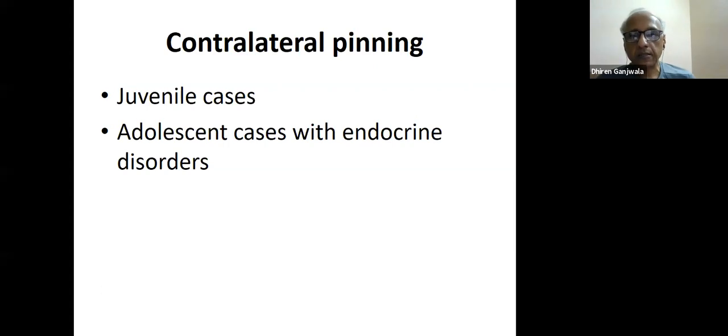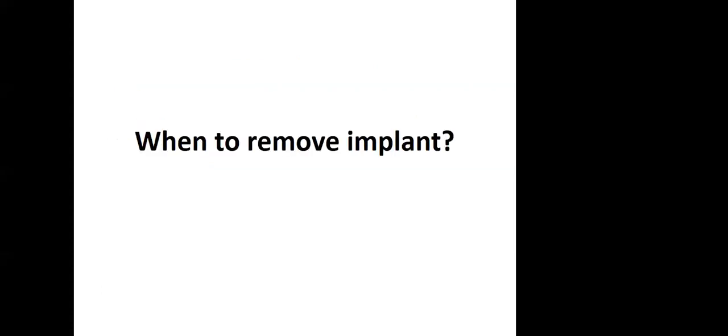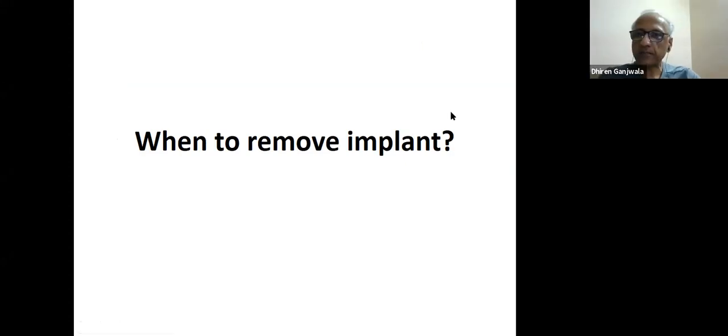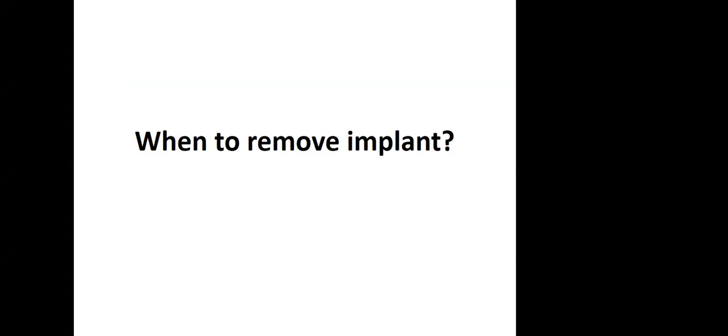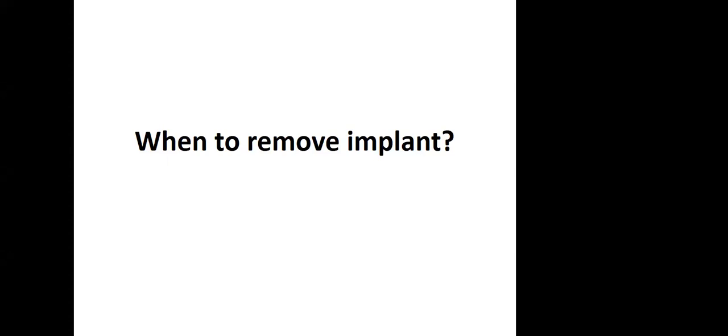The next and last question is, when to remove the implant? 6 months, 12 months, 18 months? Sir, if there is any chance of penetration or any other complication, we remove it by 9 months to 1 year. Okay. And if there is no other complication, we can leave it like that.